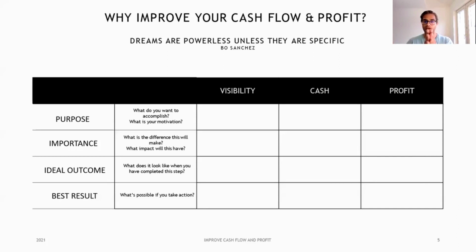Well, when you lose sight again, have a look at this document, because you've got your purpose, the importance, the ideal outcome, the best results. Everything's there for you when you go back, or when you fall off the horse. You can view this document and it'll instantly inspire you to move to the next step. It happens to all of us. We all fall off the horse.